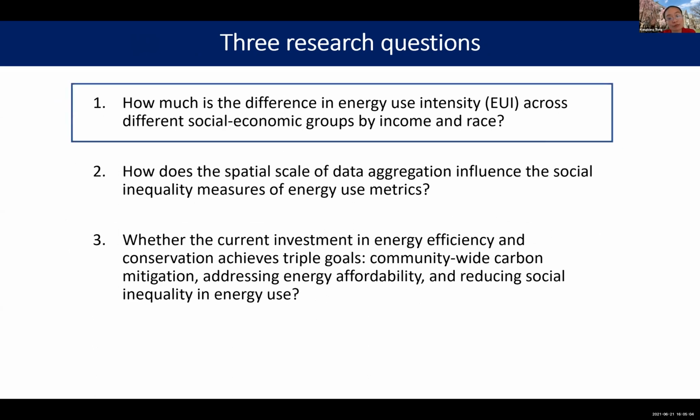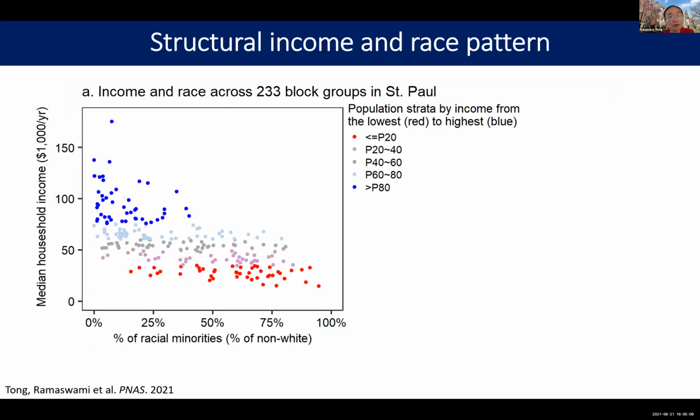So let's look at the differences in energy use intensity by income and by race. But before looking at energy use, what I find really shocking is to see these structural income and race patterns. Here the x-axis is the percent of racial minority, and the y-axis is the median household income of block groups, because block group is the spatial scale at which I can get income data.